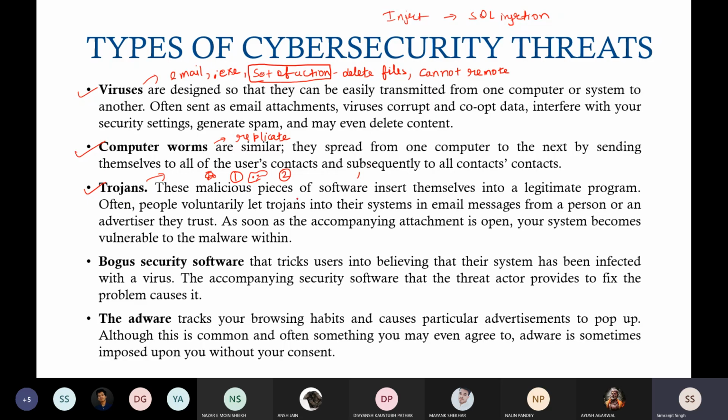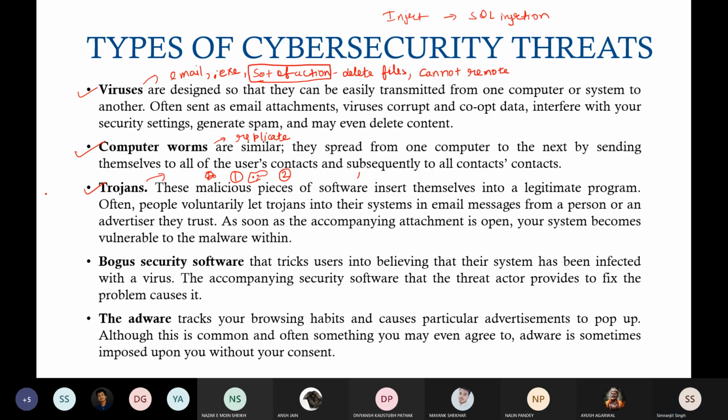These malicious pieces of software insert themselves into a legitimate program, often installed voluntarily by people, because they do not know that this particular program will be harmful, like the cleaners you may have seen in your mobiles or software to clean your temporary files. This lets the Trojan into the system, in email messages from a person or an advertiser they trust.